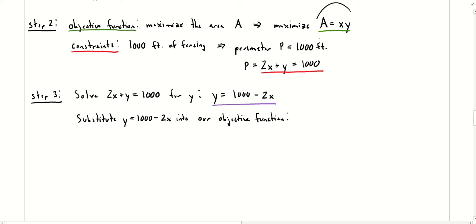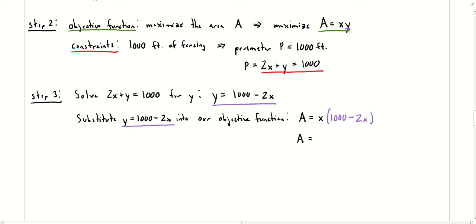So my objective function is up here, A equals x times y. But instead of y, I'm substituting in y in terms of x, that constraint equation solved for y. So here I'm going to have x times (1,000 minus 2x). And we can see that now my objective function is just in terms of x.